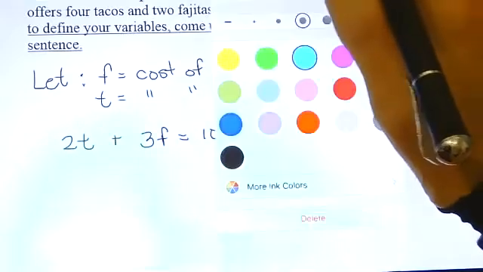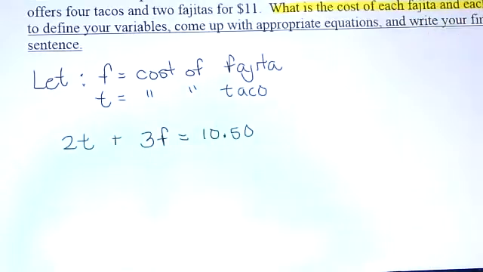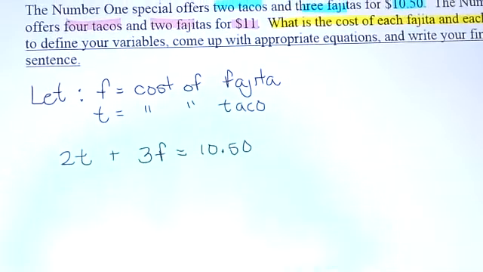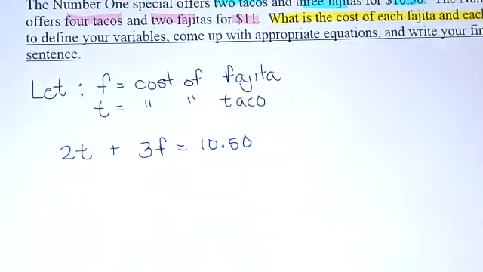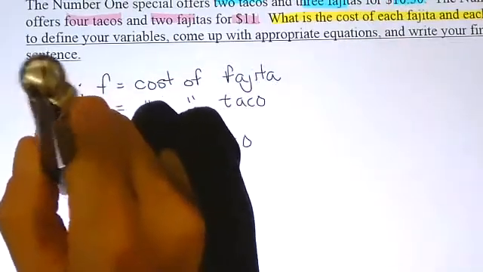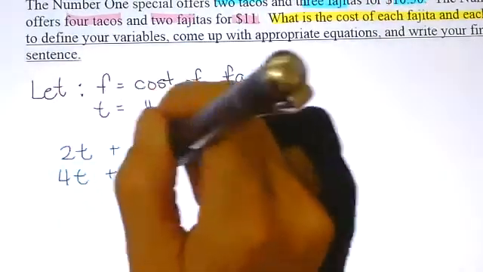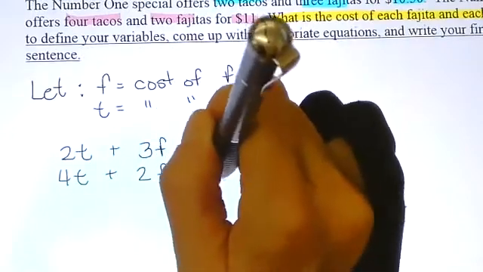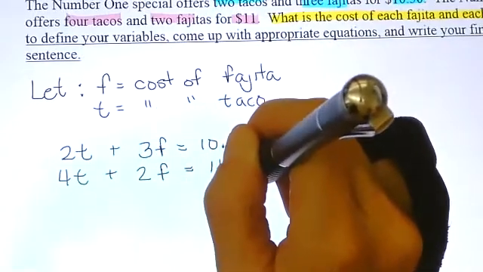Okay, combo 2 has 4 tacos, 2 fajitas for $11. So there's option number 2, the number 2 combo, 4 tacos plus 2 fajitas will cost $11.00.